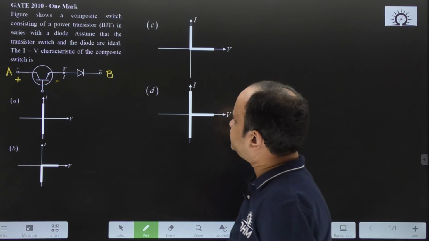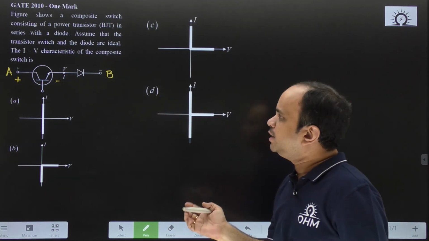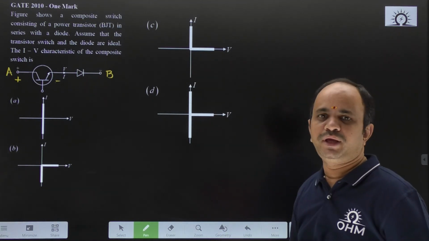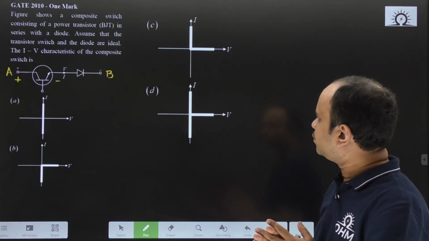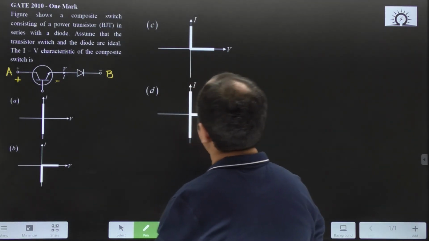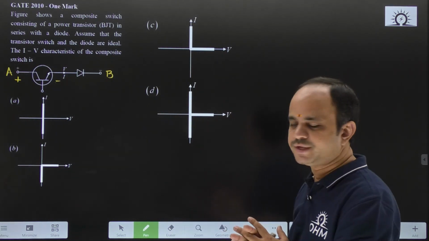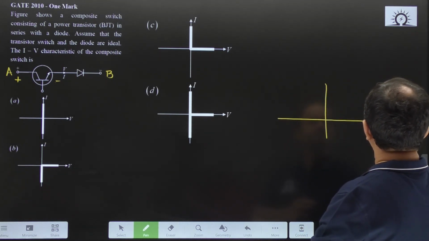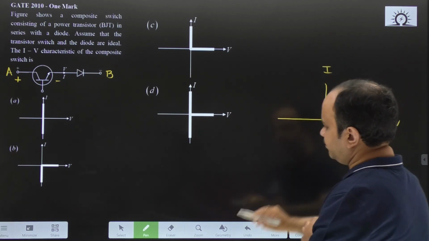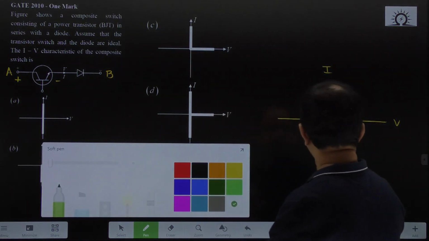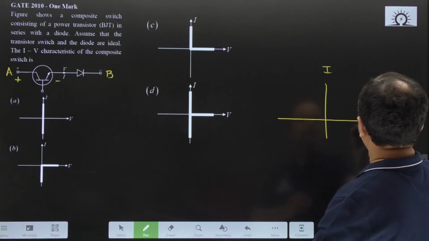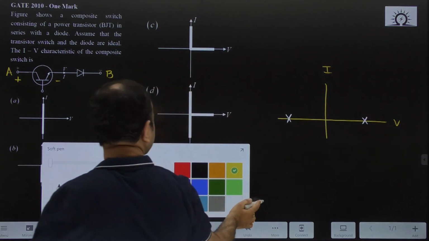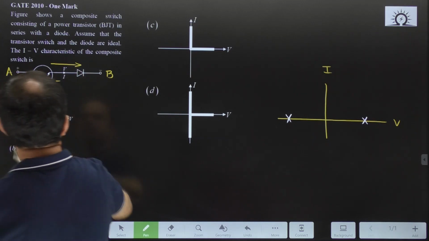Therefore, it will be positive side blocking. When the polarities are interchanged between A and B, then what happens? A diode will be blocking that voltage. Therefore, this particular combination will block both sides of the polarity. So, for example, if I draw, this is V and this is I. So, this voltage can be positive voltage blocking and negative voltage blocking, and the overall switch combination will carry the current from A to B only.